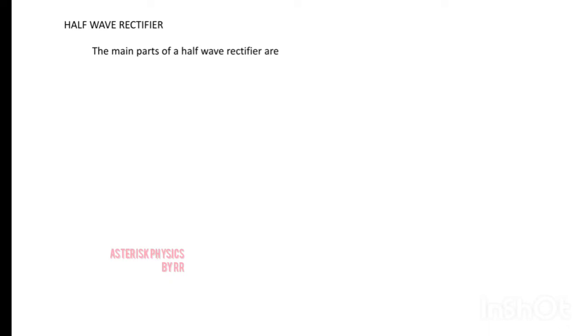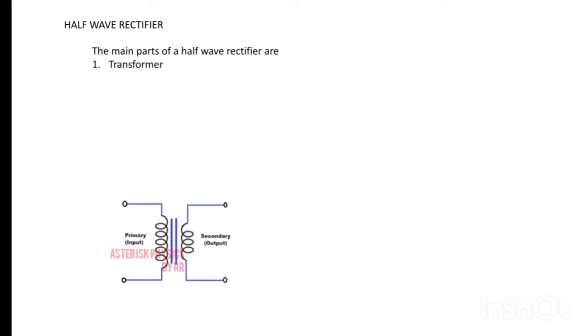The main circuit elements of a half wave rectifier are a transformer. You can see the symbol of a transformer, where you have two coils which are mutually coupled. One coil is called the primary coil and the second is called the secondary coil.